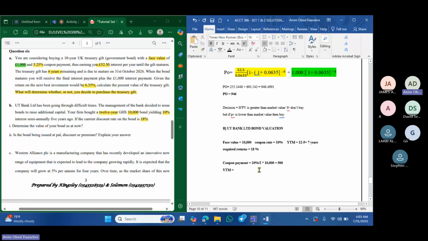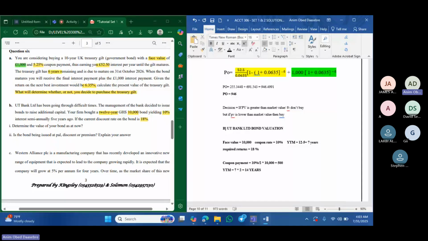The yield to maturity was 7 years annually. So 7 years, multiply by 2 periods, we get 14. Yes.